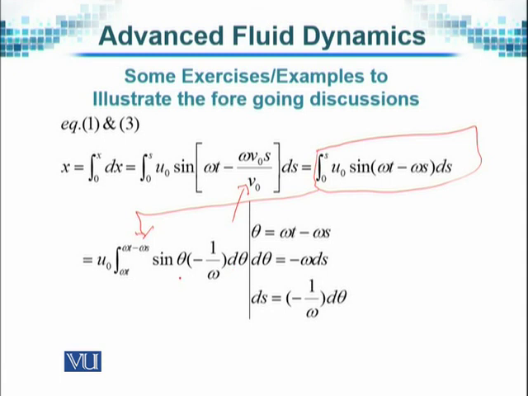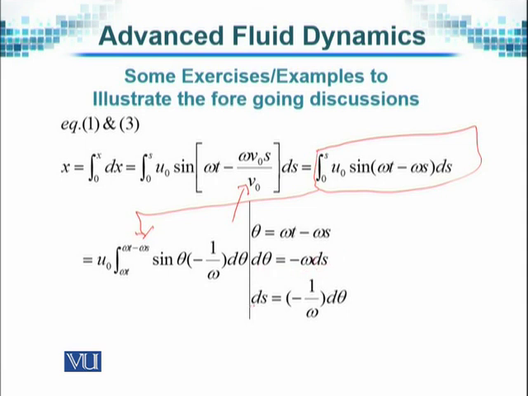There is no s now, and we are only talking about the time t and also in terms of theta. Omega is some constant. How do we obtain ds equal to this value is shown here. Theta is equal to omega t minus omega s, and therefore if we differentiate, we obtain d theta equals, omega being constant, minus omega times ds.